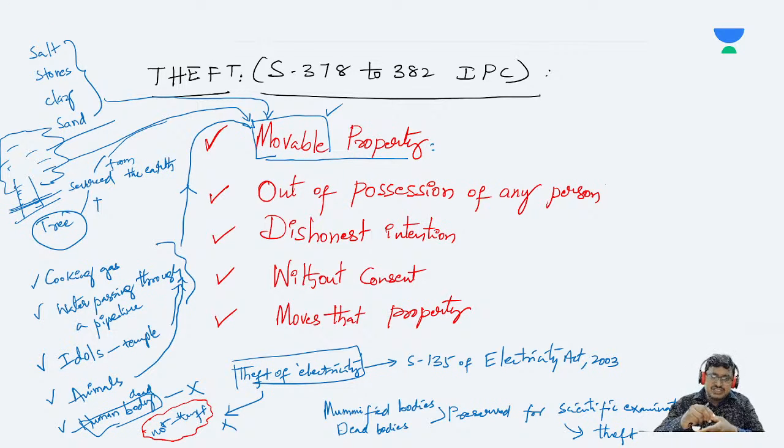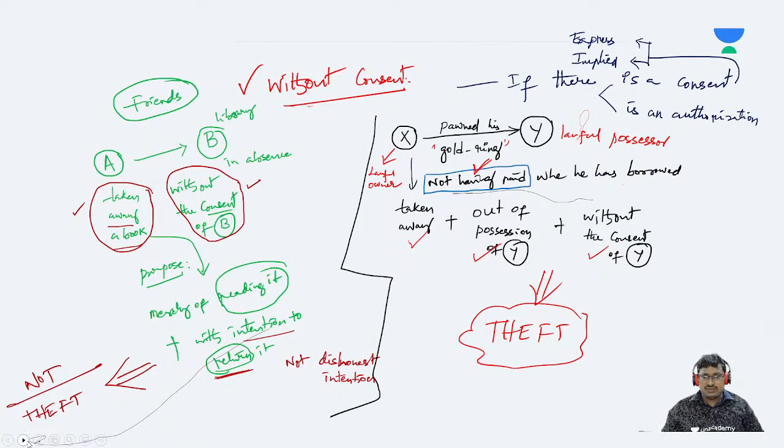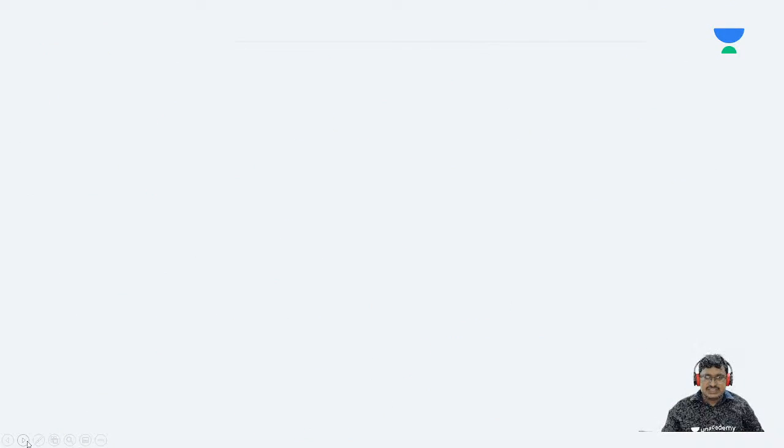He must move the property out of its possession. Whenever there is a movement of the movable property, the offense of theft is completed. These are the ingredients, friends, according to Section 378 of the Indian Penal Code.